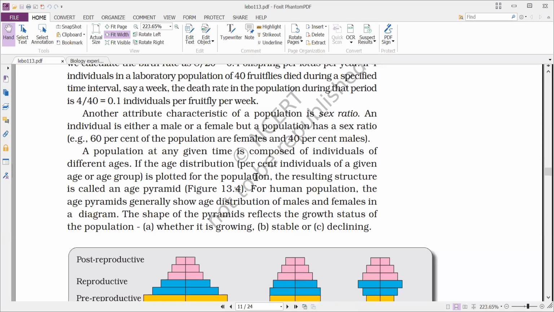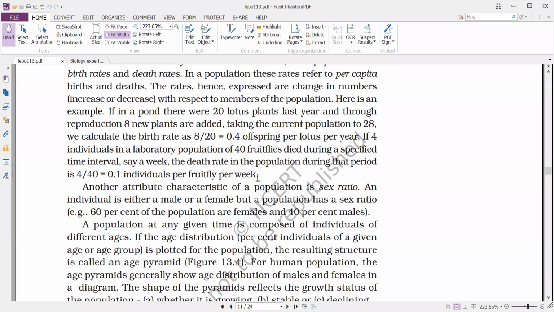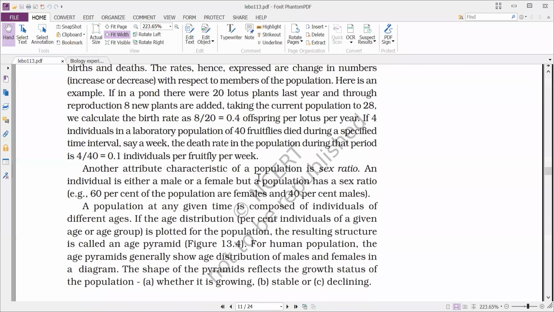We are discussing the population attributes. In that, there are 2 main concepts related to population attributes. An individual organism will have birth and death, whereas the population has birth rate and death rate. That means in a particular period of time, how many organisms have given birth, that is called the birth rate. And in a particular period of time, how many organisms have undergone death, that is called the death rate.